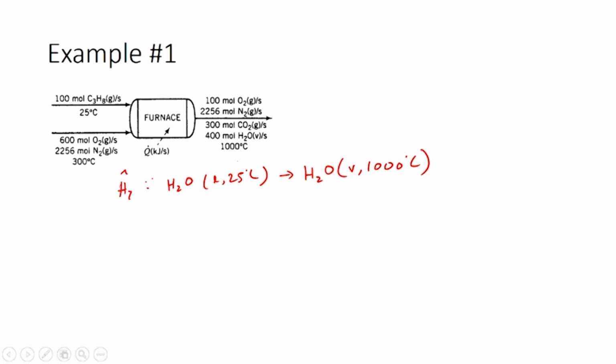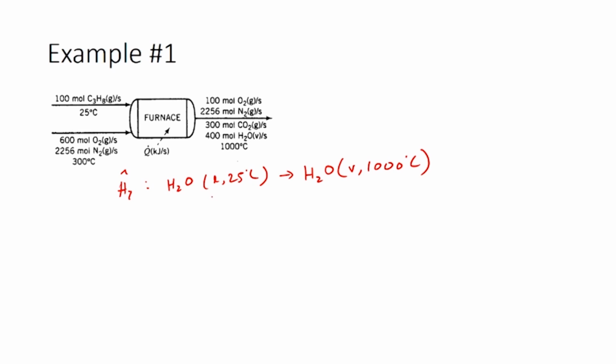This value needs to be obtained. You could use steam tables to get the value for water liquid at 25 degrees Celsius and water vapor at 1000 degrees Celsius and find the difference, or you could perform a calculation where you have a hypothetical path built.